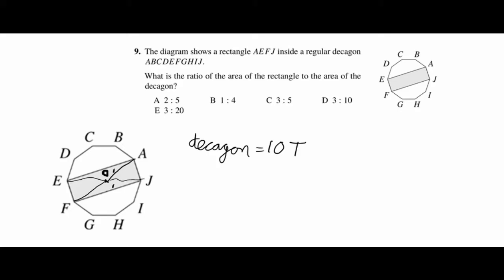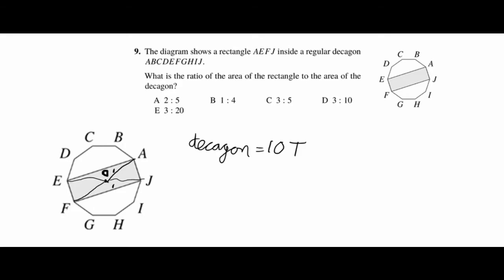And if we then consider the triangles EOF and AOJ, the triangle EOF has a base equal to the length of the rectangle, and also its height is equal to half of the rectangle. And so the area of EOF is also a quarter of the area of the rectangle. And the same goes for the triangle AOJ.